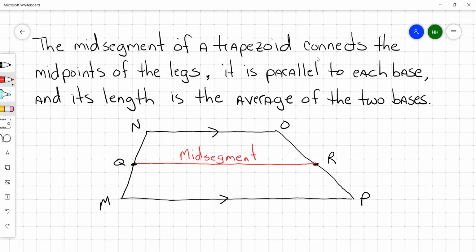Now, since this mid-segment connected midpoints, then M to Q is going to be congruent to Q to N. O to R is congruent to RP.